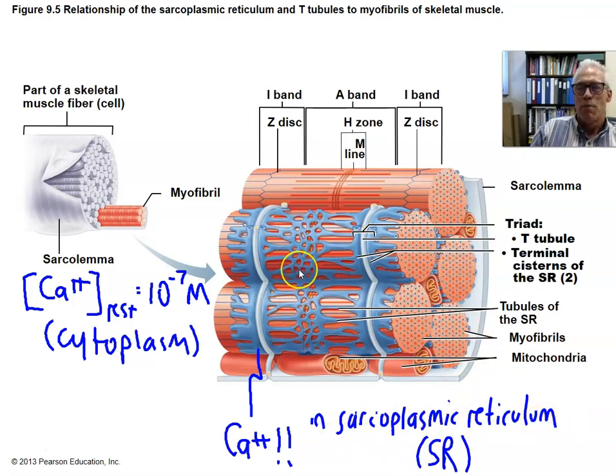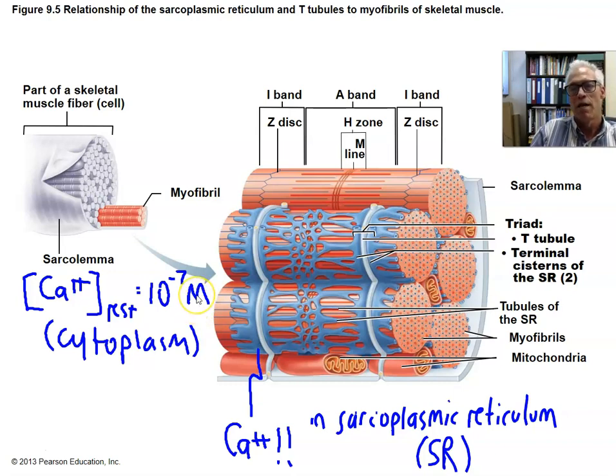Well, the sarcoplasmic reticulum has the special property that it's the location of the storage of calcium ions. All the cells in your body, when they're at rest and not doing anything dramatic, have almost no calcium in their cytoplasm. I wrote down a value for the concentration of calcium in a resting muscle cell. It's approximately 10 to the minus 7th molar.